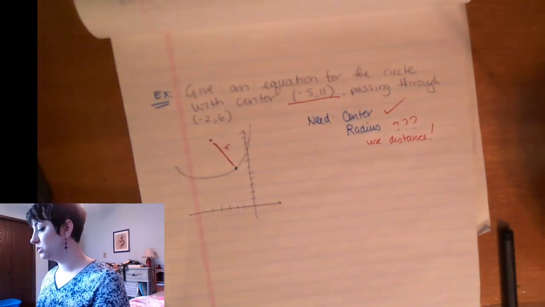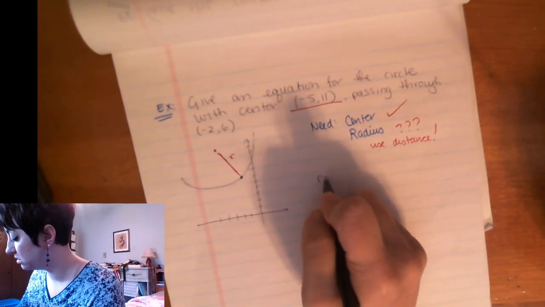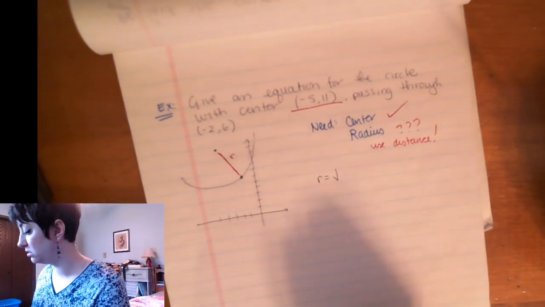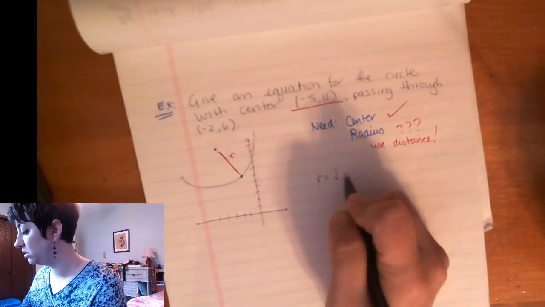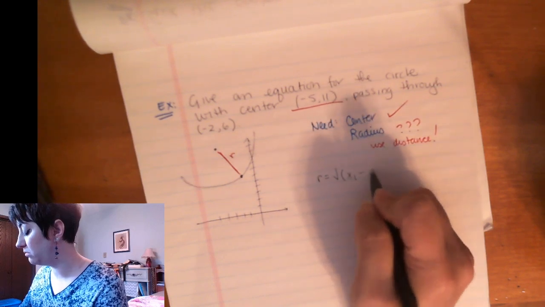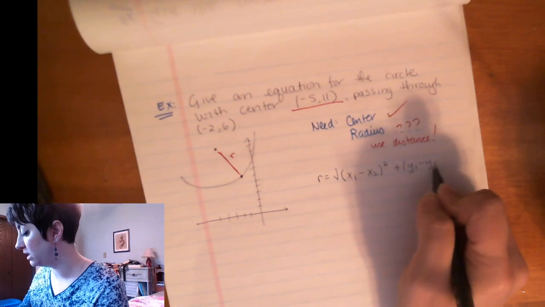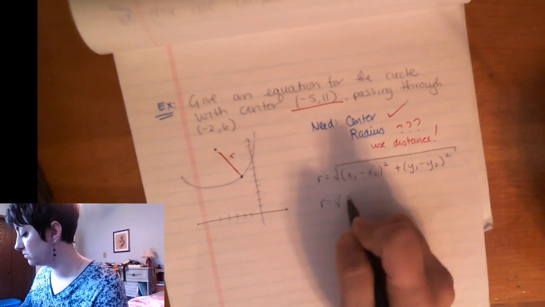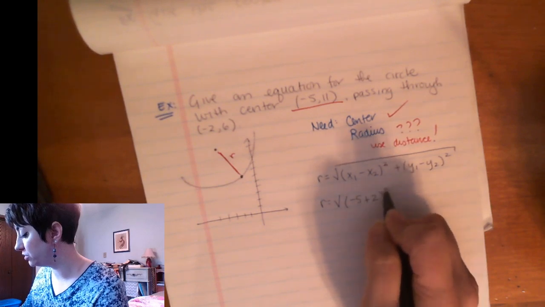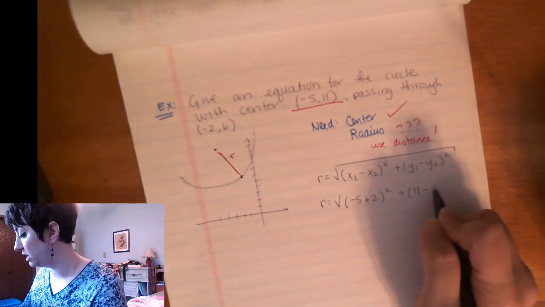All right, so we're going to use the distance formula for this using negative 5, 11 and negative 2, 6. So R is x1 minus x2, so the difference in the x's squared plus the difference of the y's squared, all under a square root. x1 is negative 5, x2 is negative 2, y1 is 11, y2 is 6.